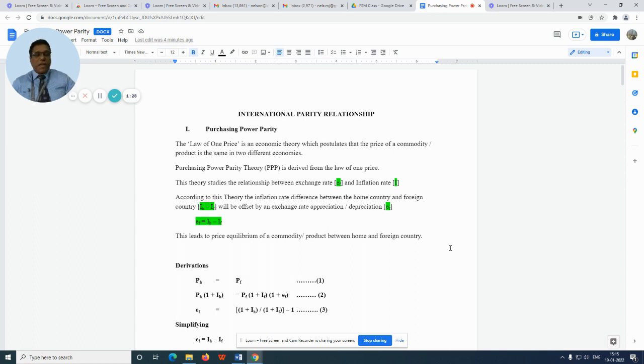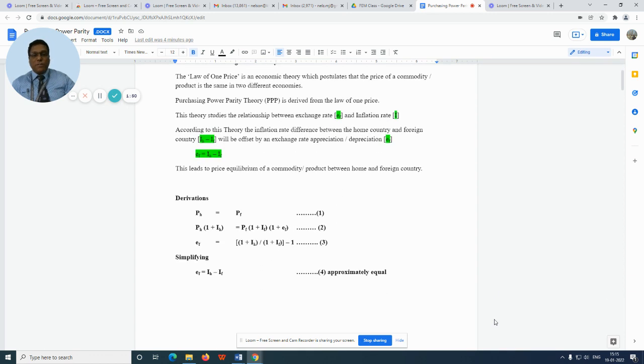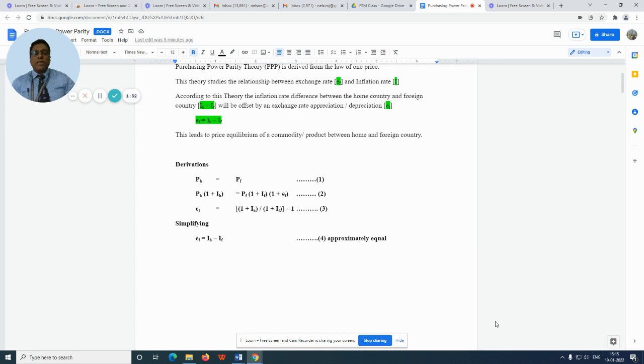So, simplifying, we can say that the rate of change in the value of the foreign currency, that is EF, would be approximately equal to inflation in the home country minus inflation in the foreign country. This leads to equilibrium in the price of a commodity or product in the home country and the foreign country. Let us now see the derivations for this particular theory.